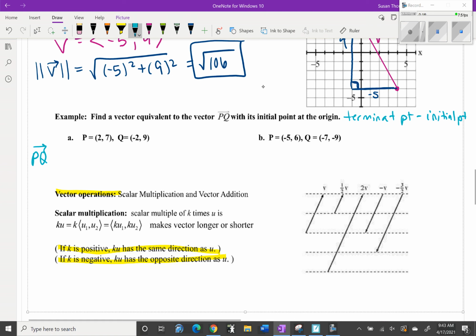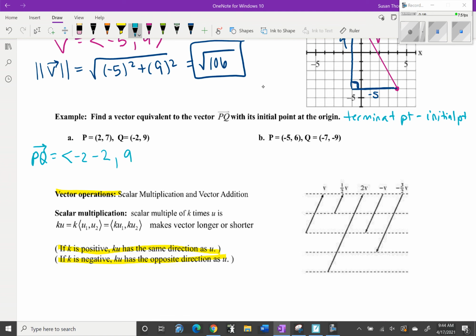So for this PQ, the component form would be equal to, and in this case, we have our terminal point. So the x coordinate is -2 minus the initial x coordinate, which is 2, comma. The terminal point vertical is y, which is 9, minus the initial point vertical coordinate, which is 7.